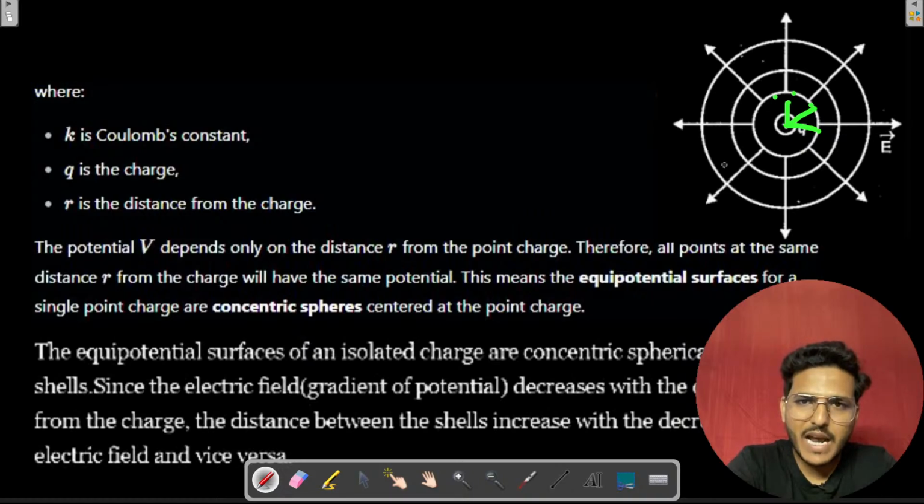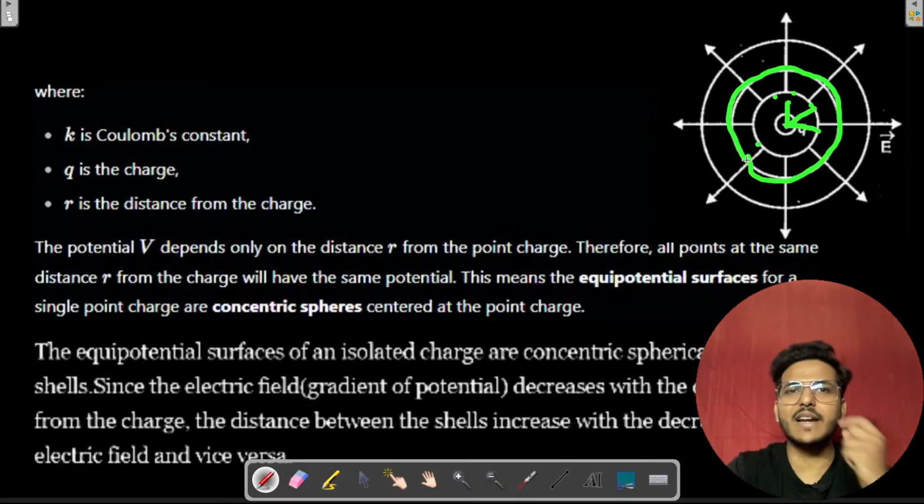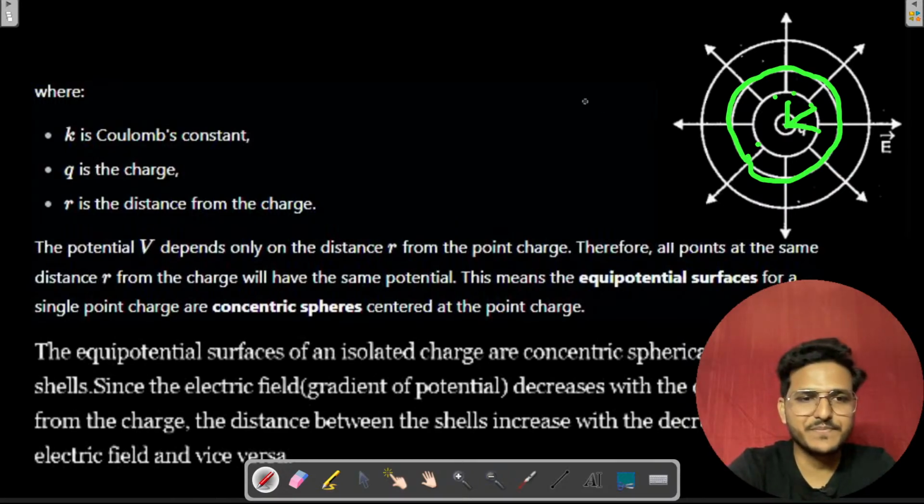But at this other point, the potential is different. So the equipotential surface is this circular path, because the deciding factor is V equals KQ upon R. R is the deciding factor for the equipotential surface.